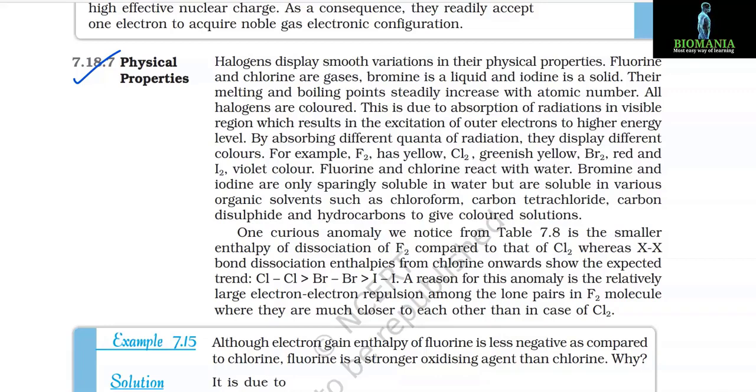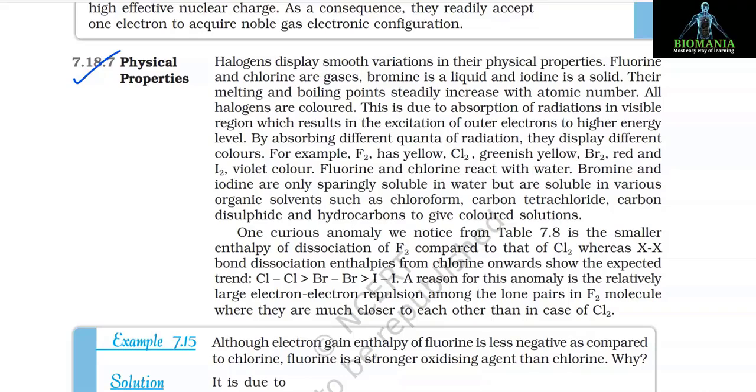Fluorine and chlorine react with water. Bromine and iodine are only sparingly soluble in water but are soluble in various organic solvents such as chloroform, carbon tetrachloride, carbon disulfide and hydrocarbons to give colored solutions.